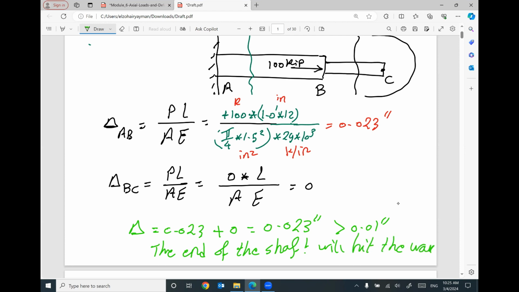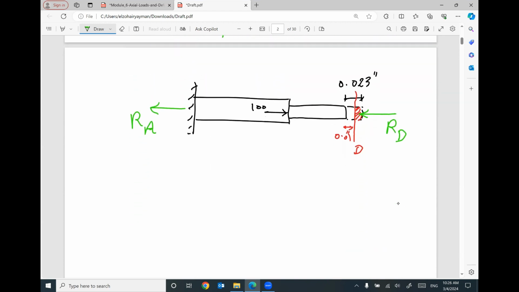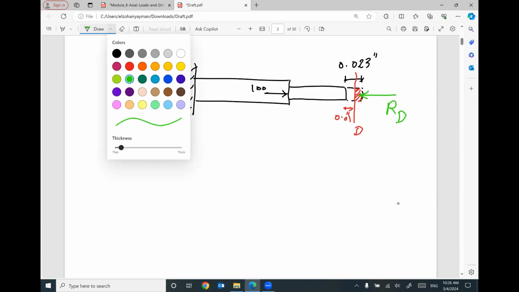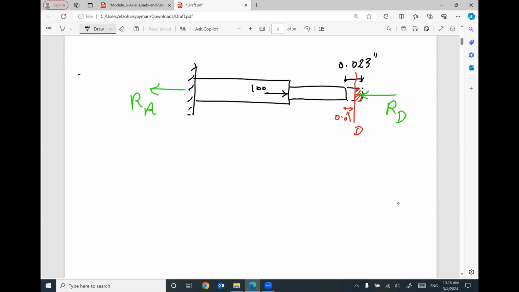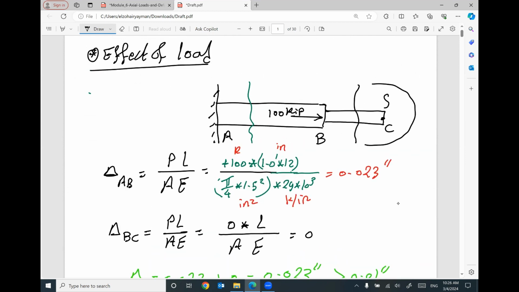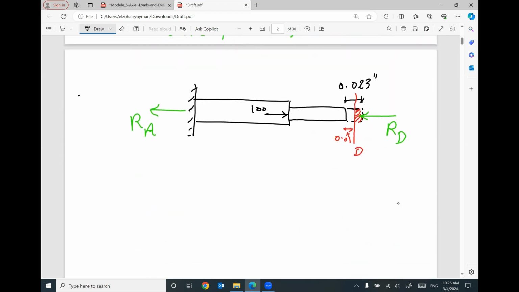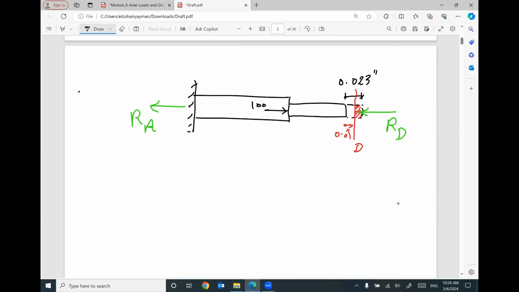That means we will have stresses, we will have reactions, and we will have everything. So let's start to resolve the problem for the new situation. The first situation, I assumed it was free at the end, but this end hits the wall, so we have another situation, which is the correct one.